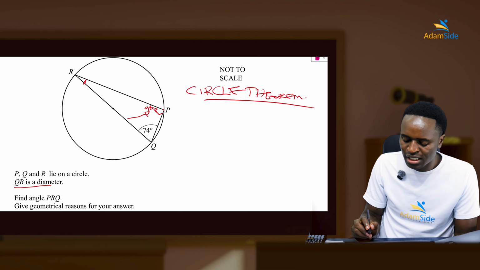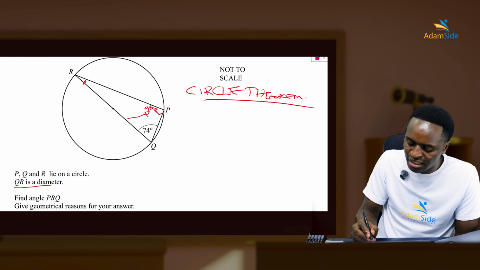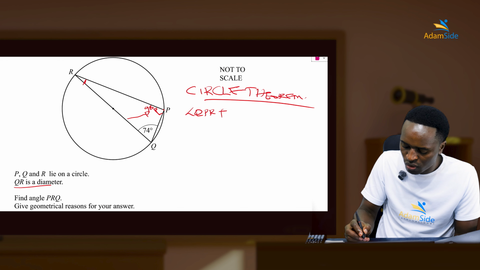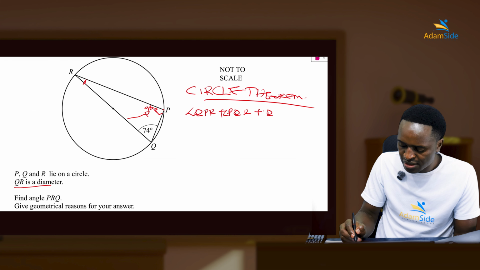Then, all the three angles in a triangle add up to 180 degrees. That means angle QPR plus angle PQR plus angle PRQ should be equal to 180 degrees.